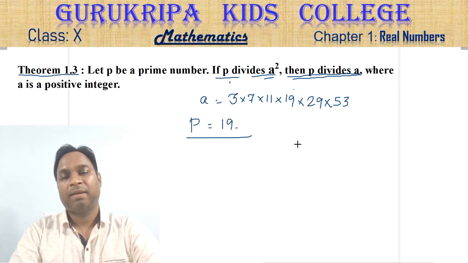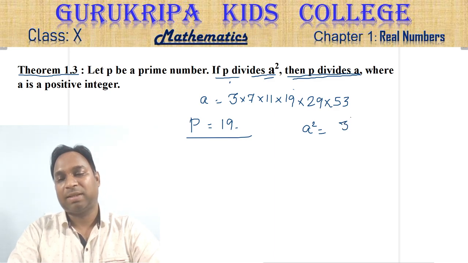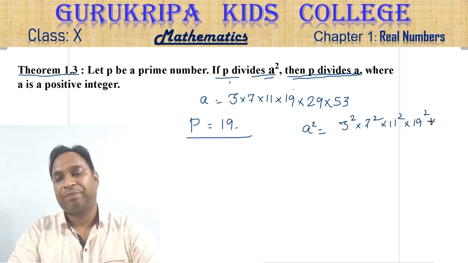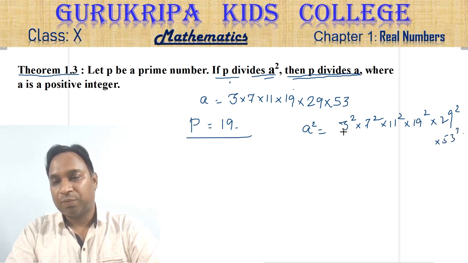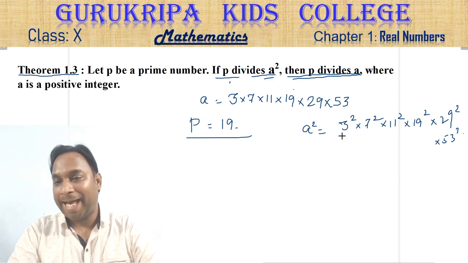So what will be A square? A square will be 3 square into 7 square into 11 square into 19 square into 29 square into 53 square. Such a big number. Now you are seeing it as a product of primes.